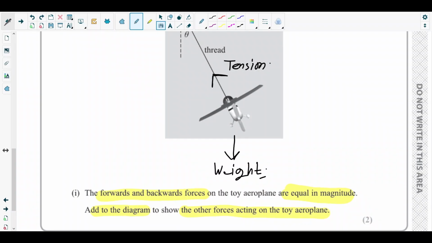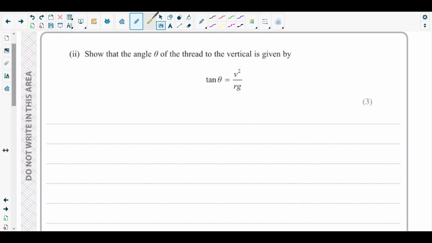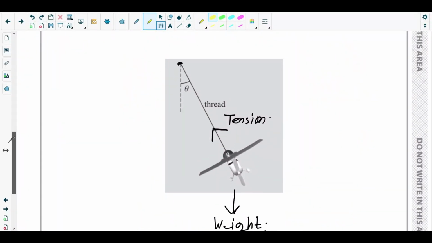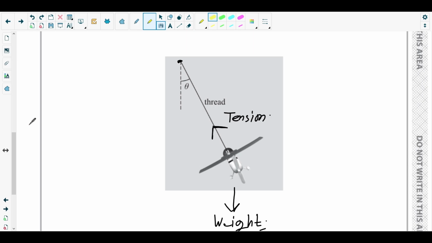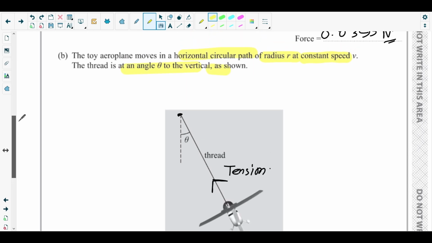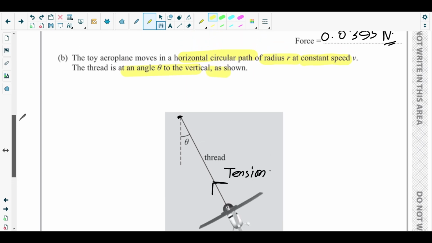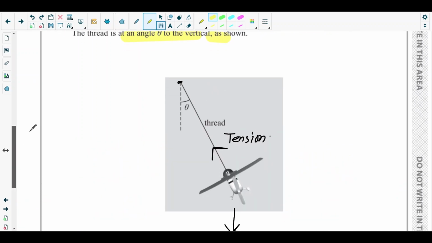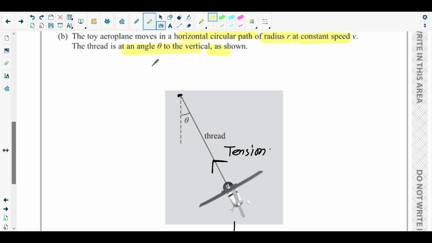Next is part B2. The question is asking to show that the angle theta of the thread to the vertical is given by tan theta equals v squared over rg. How can we show that? The aeroplane is moving horizontally on a horizontal circle, which means in the vertical dimension it is in equilibrium.